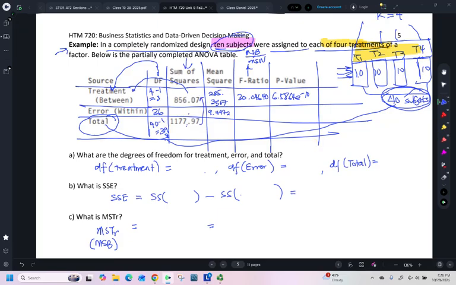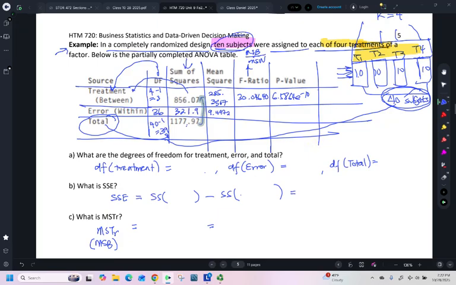Simply subtract 1177.97 minus 856.07. That will give us 321.9.